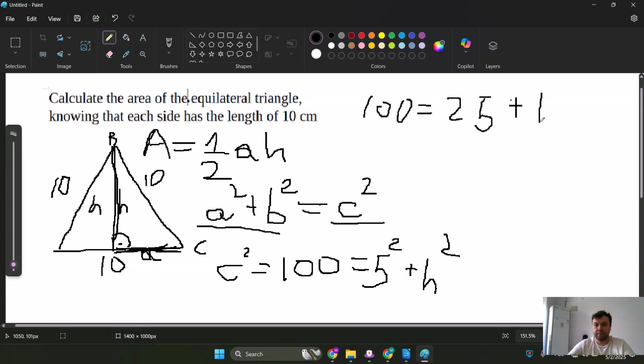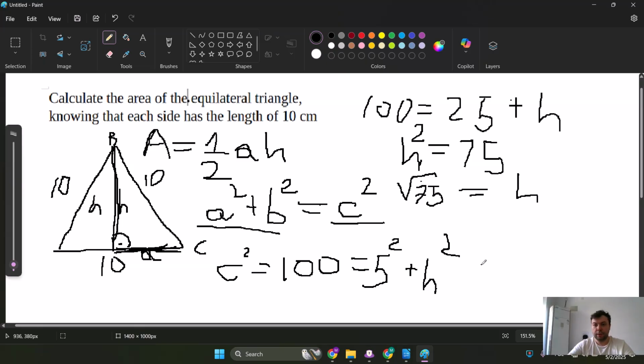And from this we can move it to the other side, and we will know that h squared equals 75, because h squared equals 100 minus 25. So we know that h equals the square root of 75.